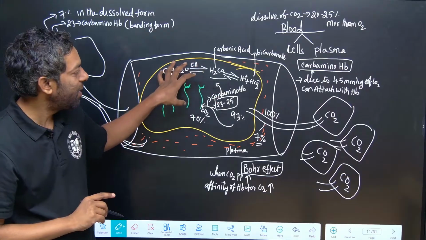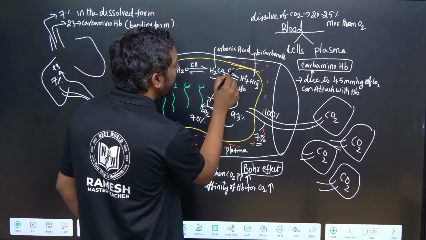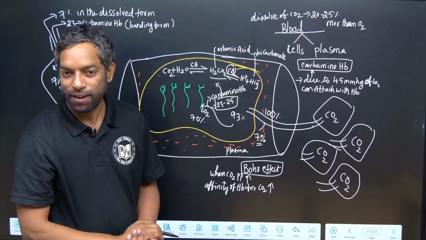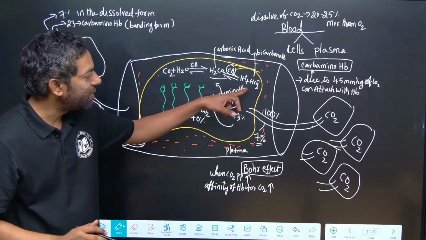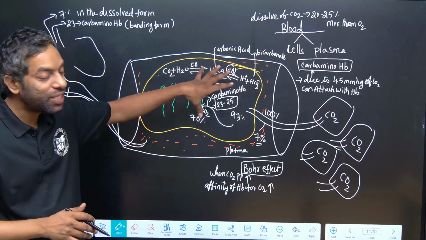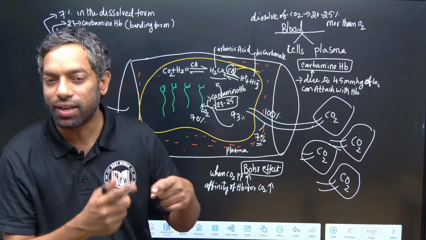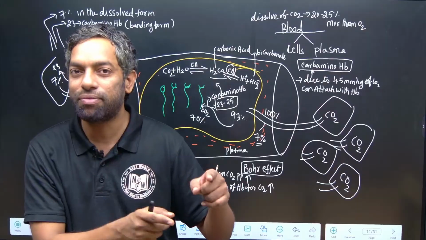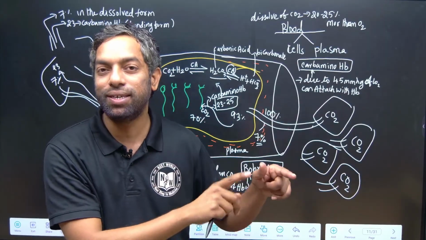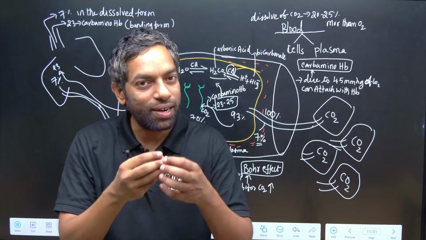Bicarbonate is the modified form, from the reversible reaction in the presence of carbonic anhydrase: H plus and HCO3 minus. This reaction is continuous and leads to the formation of more hydrogen ions in the blood. In the RBC, more hydrogen and more bicarbonate ions are produced.